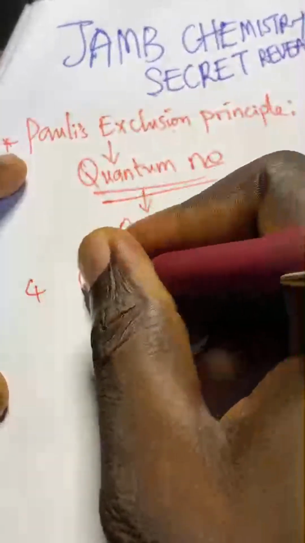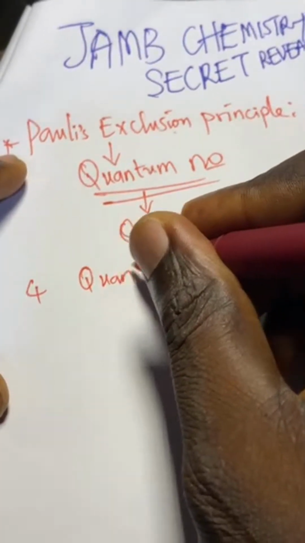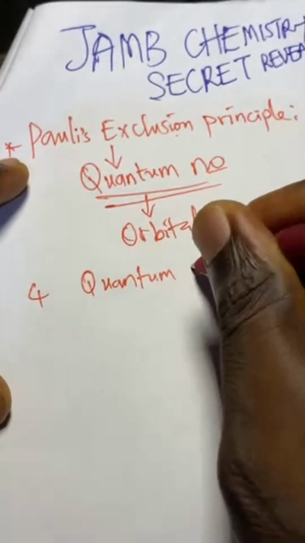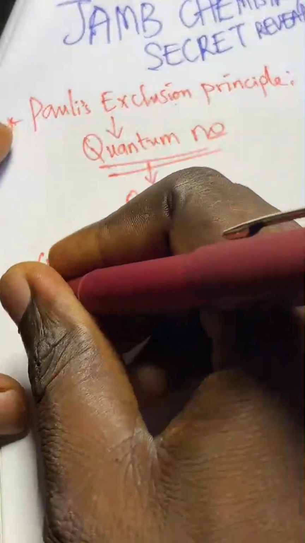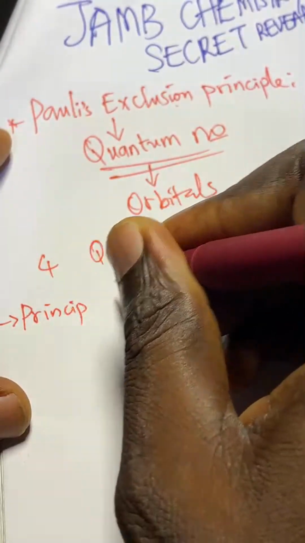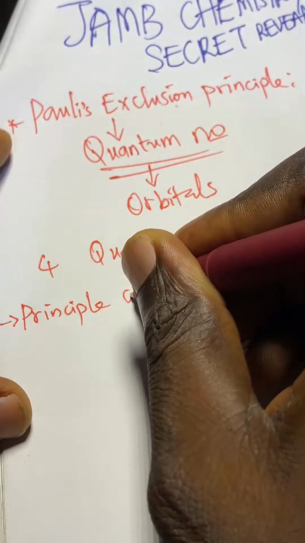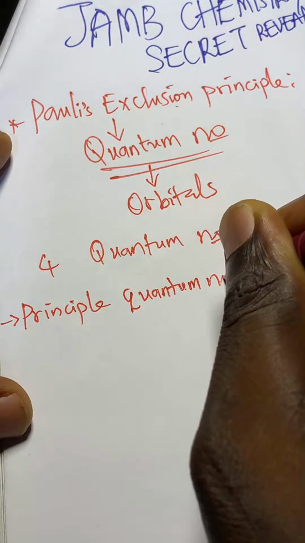Before orbitals, let's talk about the four quantum numbers. Four types of quantum numbers that we have. We have what we call the principal quantum number.